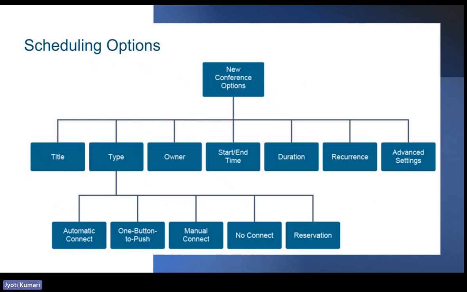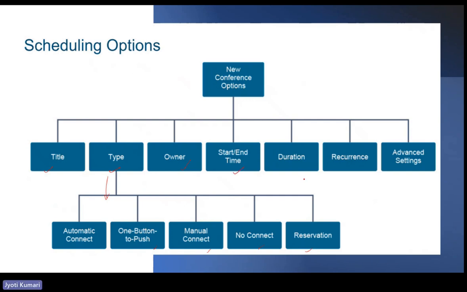Then these are the scheduling options, the new conference options. You can give a title to the conference, and a type of conference, which can be automatic connect, one button push that we just saw, manual connect, no connect, or reservation. For the owner of the conference, we can select who would be the owner, who will be given the owner rights, like admin rights, to add other users and do any specific configurations or features that we have provided to the owner only.